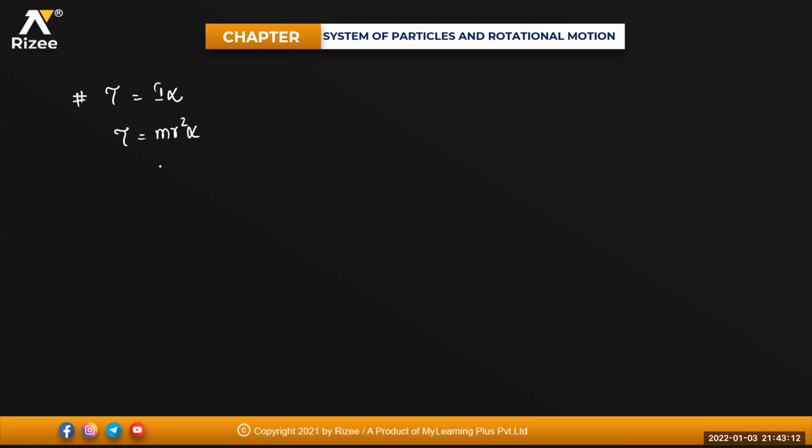Can I write like that? Because the moment of inertia of a body when it is rotating will be equal to mr square. Torque can also be written as tau equals r bar cross f bar, isn't it?